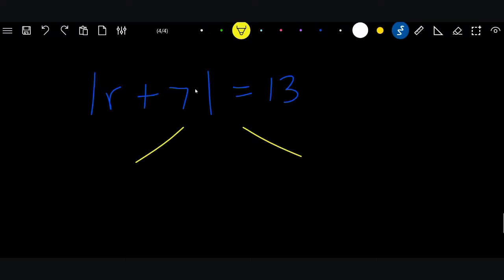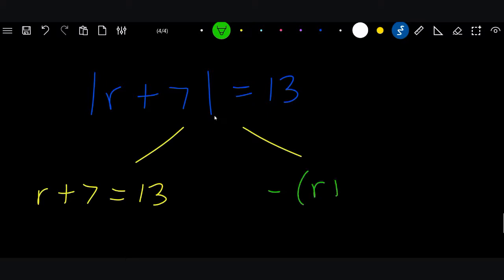And so we're going to solve for both potential solutions, both potential paths, if it's positive or if it's negative. So we're going to do one positive: r plus 7 equals 13. Now over here, we're going to do one negative. Be careful with this one because we're going to have to distribute this negative sign.